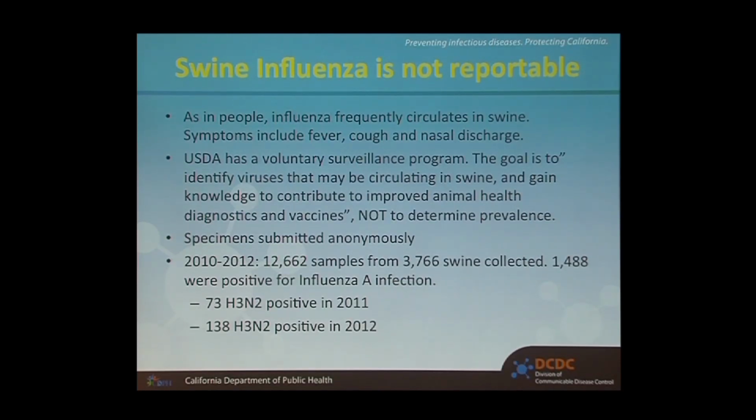And there have been influenzas found, including this variant flu in pigs, but we don't know where they came from. We don't know what state. We don't know what farm, because that is confidential, protected information. We're just aware that it's there. So it makes it really tough to pinpoint what's happening where when you don't know what the source is. But that's the state of affairs right now.